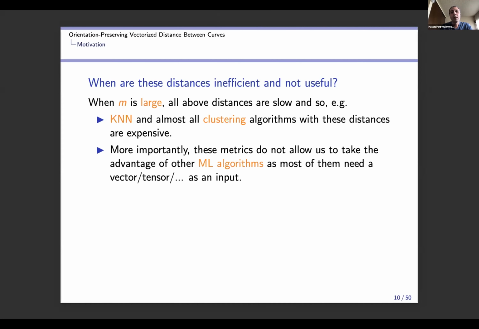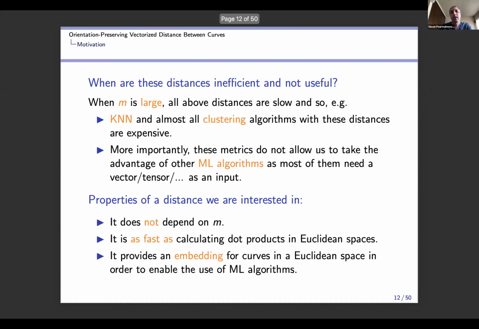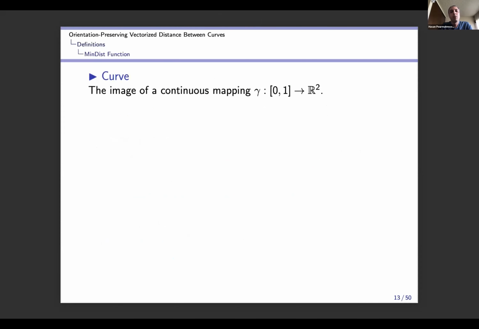So we're interested in a distance that addresses the above mentioned problems and is as fast as calculating Euclidean distance in a Euclidean space. Formally, by a curve we mean the image of a continuous mapping from the unit interval [0,1] to R^2.